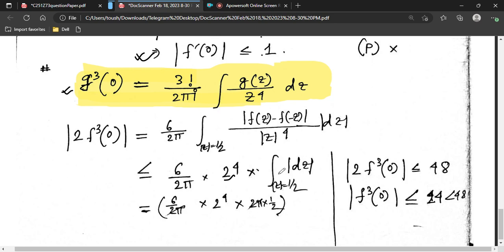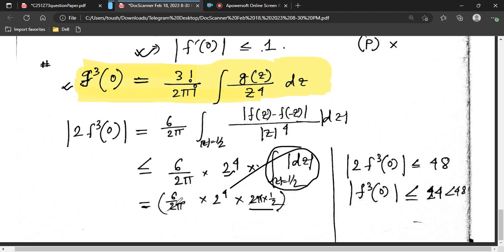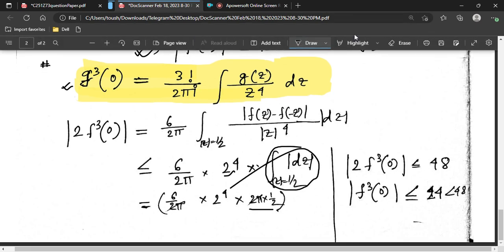You know what mod dz is, so just put in the value. After integrating, you will get 2 f triple dash 0 is less or equal to 48.